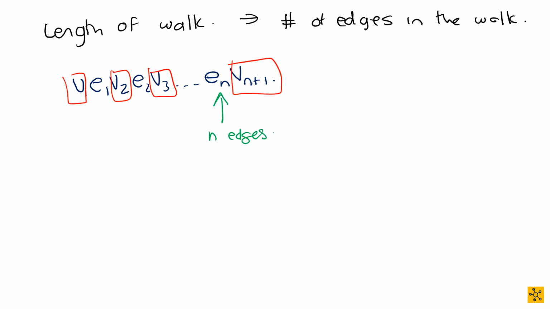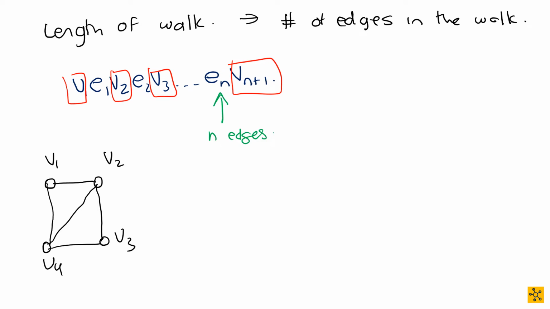So let's do an example of that. We have V1, V2, V3, and V4, and we are going to create a walk here. First, just drawing you a graph. So we have a walk described by, and this is a simple graph. It doesn't have any multiple edges, it doesn't have any loops, so when you write your walk, you just have to put in the vertices. So let's have a walk, we're going to call it W1, and it's just a sequence of vertices.